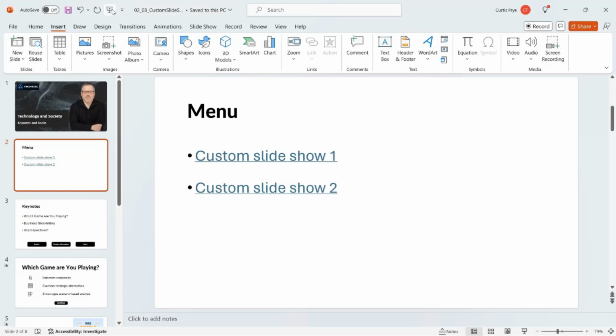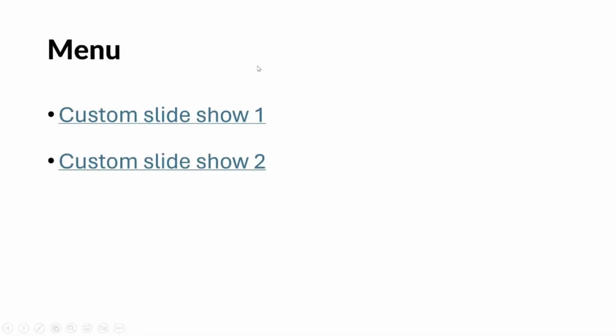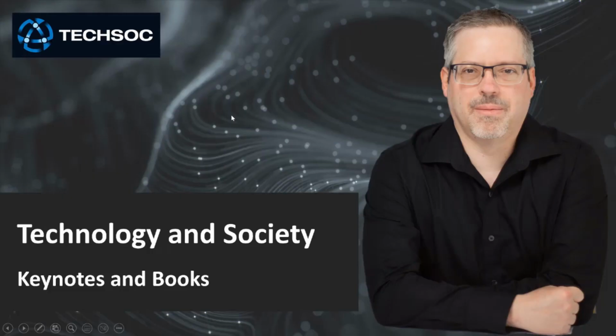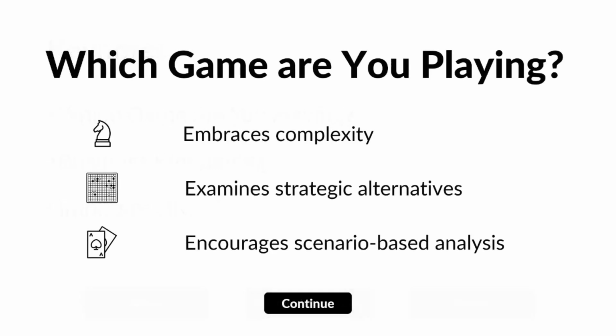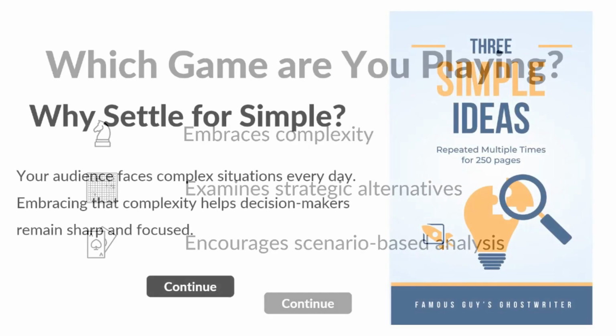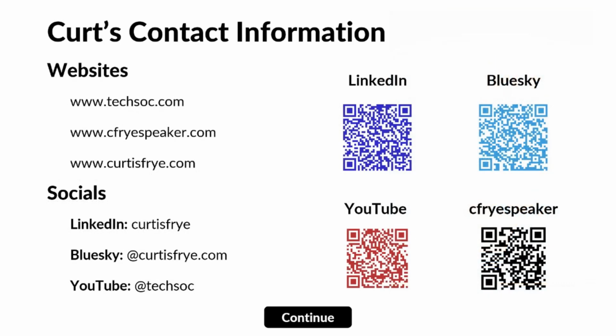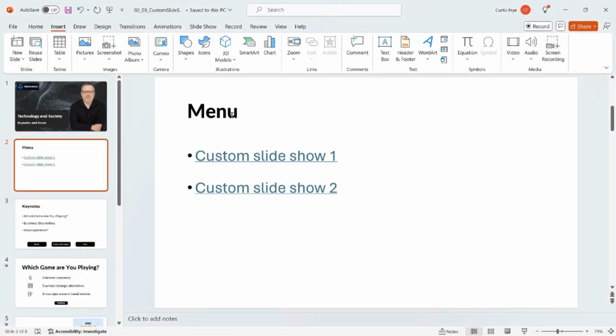So we'll go up and click the Start from Beginning button on the Quick Access toolbar. So there's slide number 1, and then I can either click for Custom Slideshow 1 or Custom Slideshow 2. Let's do Custom Show 1, so I'll click there. So we've got slide 1, 3, 4, 5, and 8, and click away twice.